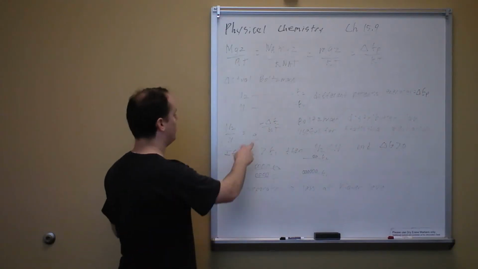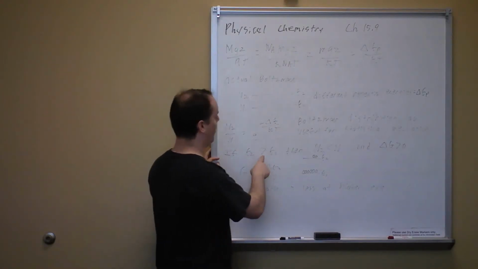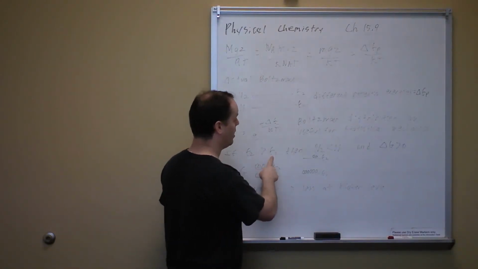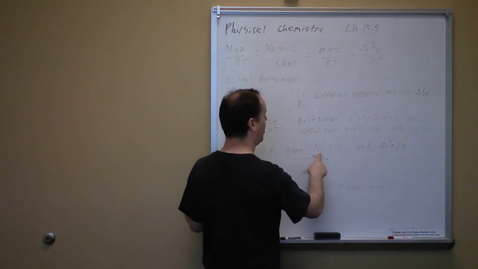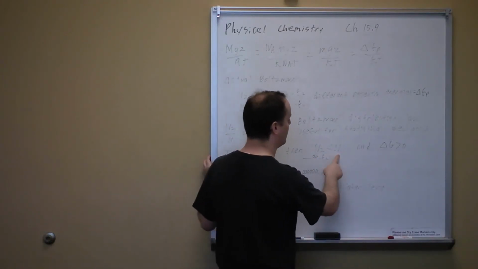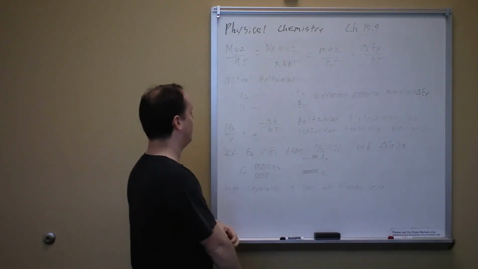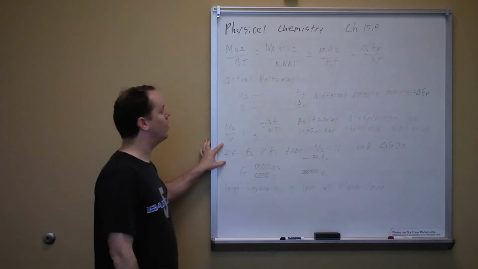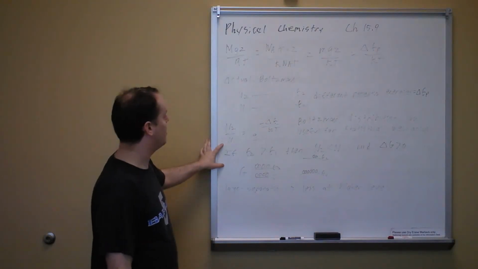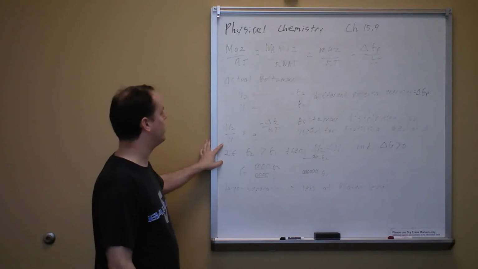Now, what this formula shows is that if the energy level in state 2 is greater than the energy level in state 1, then the number of molecules in state 2 should be less than the number of molecules in state 1. And of course, delta epsilon will be greater than 0. As a quick aside, it's debatable whether or not negative temperature exists.